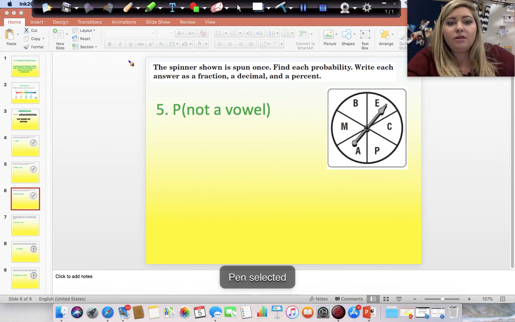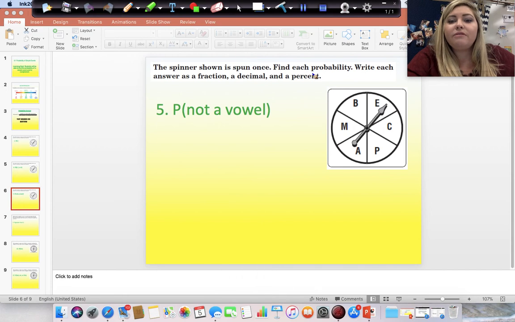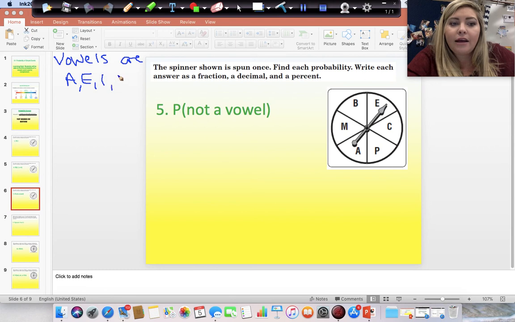Okay, the spinner shown is spun once. Find each probability, write the answer as a fraction, a decimal, and a percent. So the probability of it not being a vowel. First, we need to know what vowels are. Vowels are A, E, I, O, U, and sometimes Y, right? Is that still a thing?